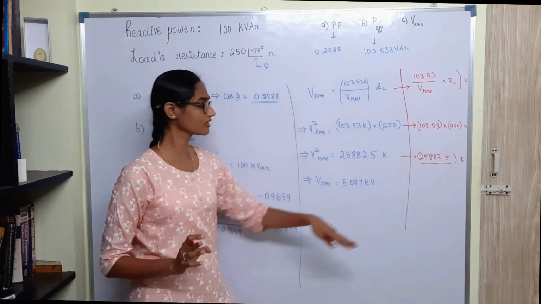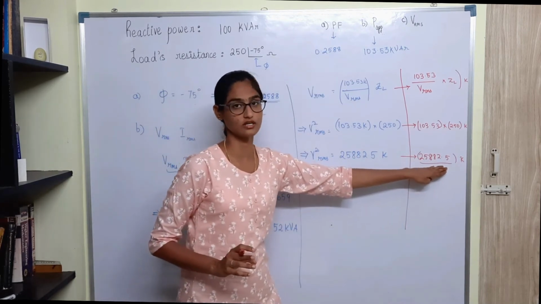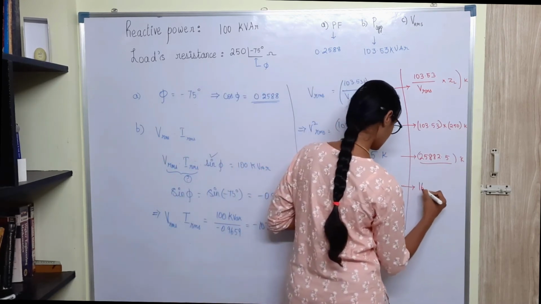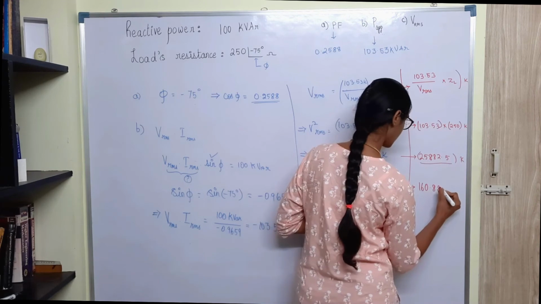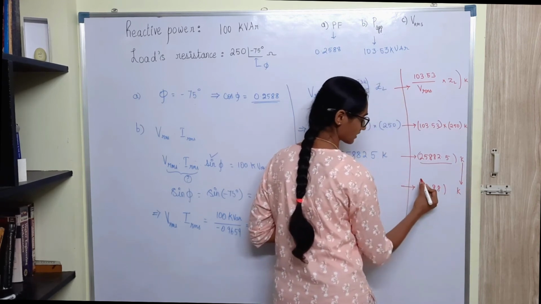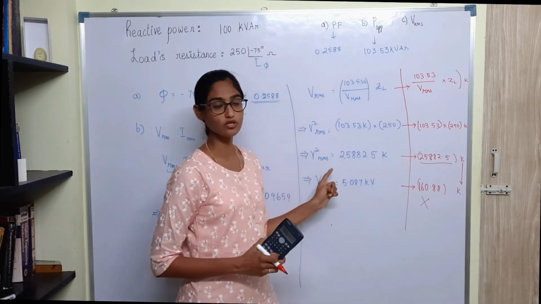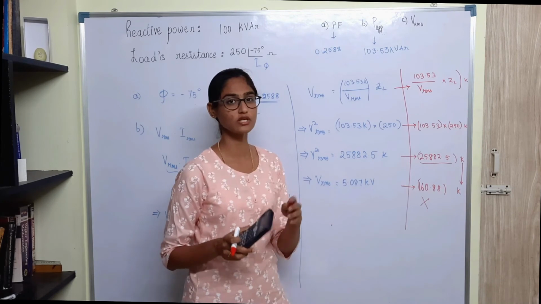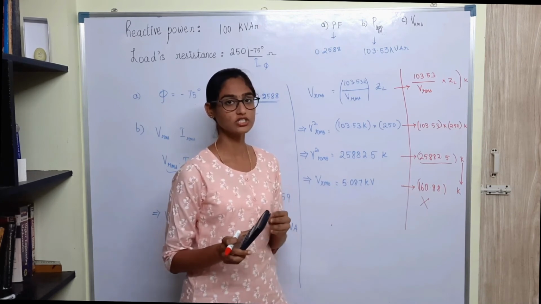Everyone, take your calculator and find the square root of this term. The answer will be 160.88, and thinking that you are adding the K in the unit, you will just put K. When you are doing the square root, you will miss it because the square root of 1000 is something close to 31.